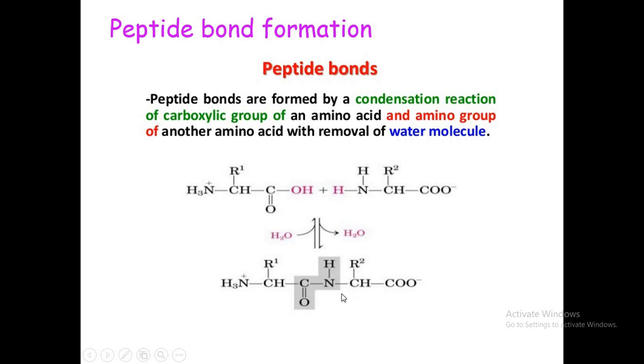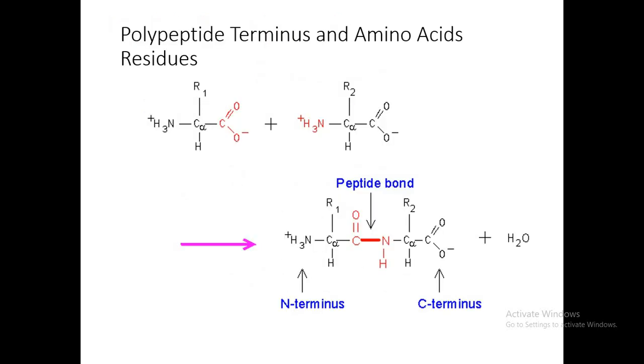This happens again and again with many amino acids, and then many amino acids join with each other via multiple peptide bonds and form a polypeptide chain. A polypeptide chain has multiple peptide bonds. Here we can see what the amino acid residue is, and what the N terminus and C terminus of the polypeptide chain are.